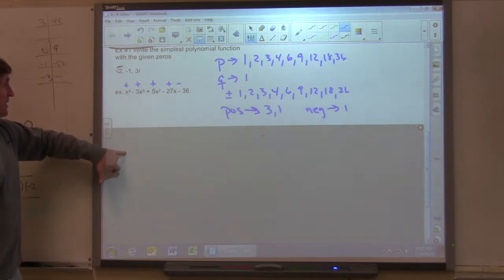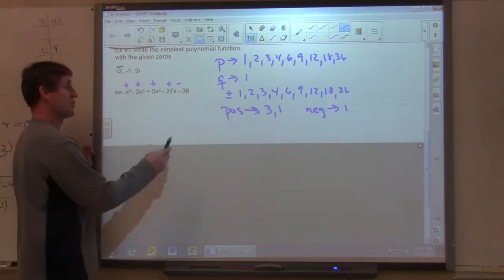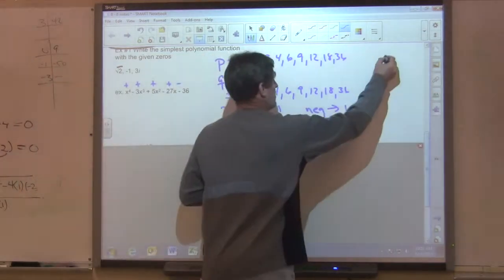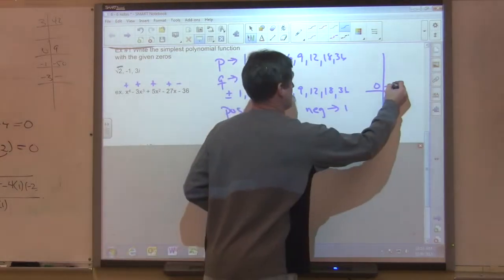So now we have to do the synthetic division. Again, my recommendation is to start with a chart. We know at 0, that's our constant term, negative 36.